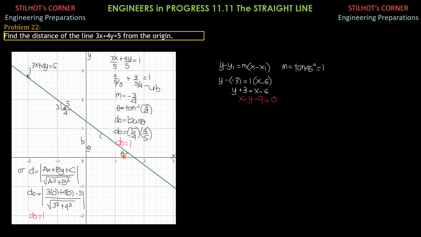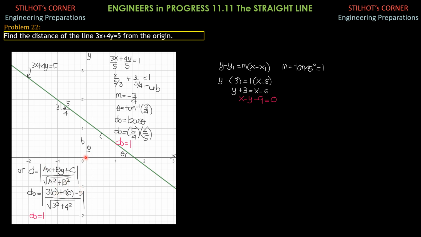But as mentioned earlier, this is the transformation from the general to intercept form, so that we'll get the slope and the intercepts. So this is the distance from a point to a line. The point is the origin, absolute value, because we are computing for distance. So ax plus by plus c over square root of a squared plus b squared, then absolute value.